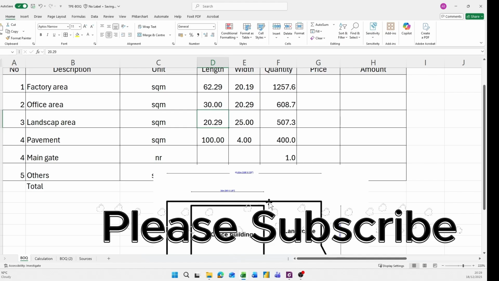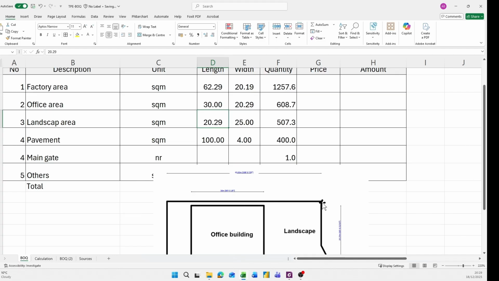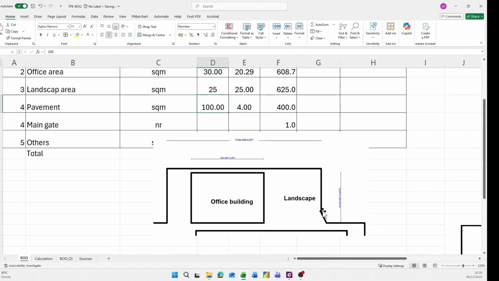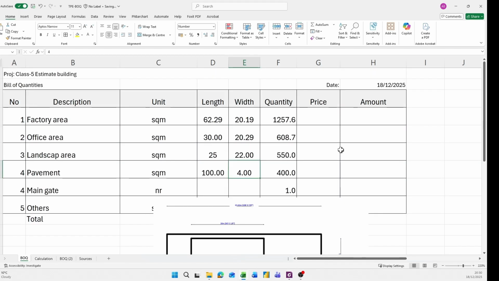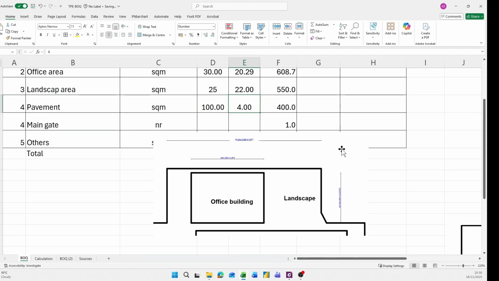I considered 20 meters, but I think 25 meters is better. With about 20 here, that means 22 is better. So when the information isn't available, you need to assume as an estimator.